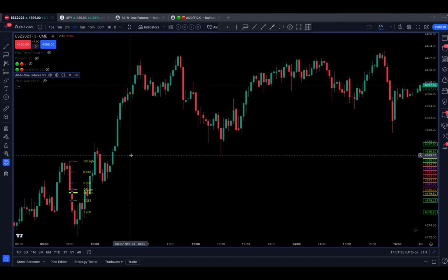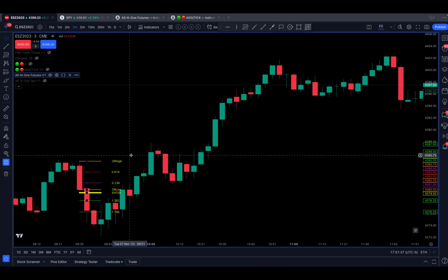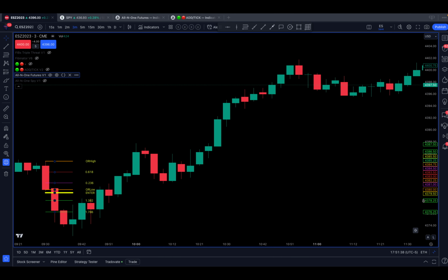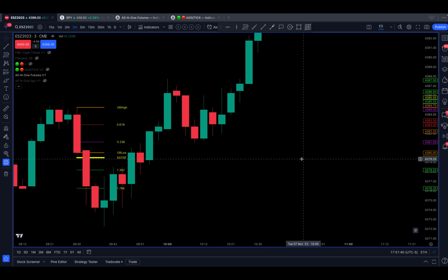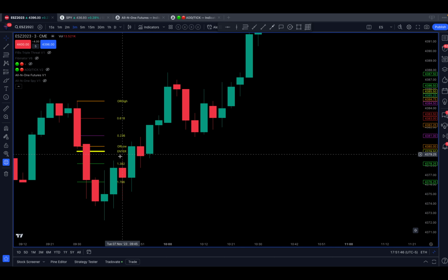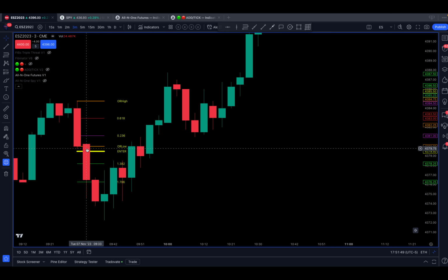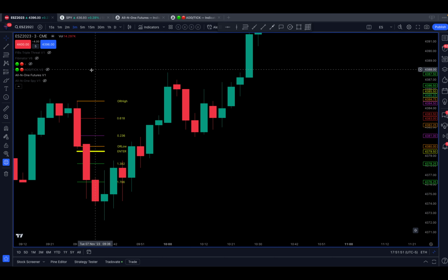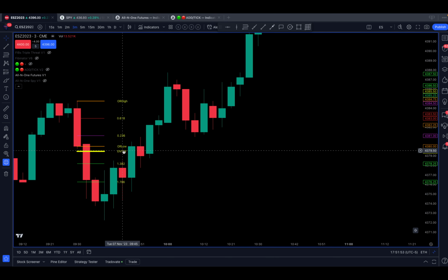So what I mean by that is, after this first 3-minute candle prints, this is going to fire off when this next candle breaks lower or up. Since it broke lower here, obviously it's an ORB to the downside.